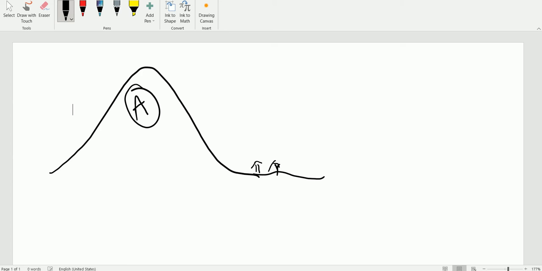So these are the houses. So you may give your answer. Say the name of your village is B. So we can say like this: my village B is located at the foothill of mountain A. So in this way, we may give location of our village or our house.